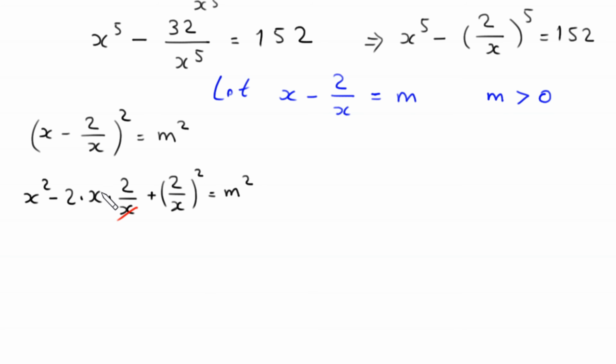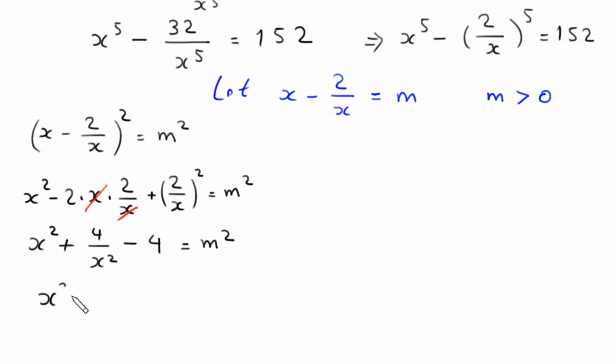And this x will be cancelled out with this x. We write this x squared first, x squared. This plus (2 over x) whole squared will become plus 4 over x squared. This negative 2 times 2 will become negative 4, is equal to m squared.